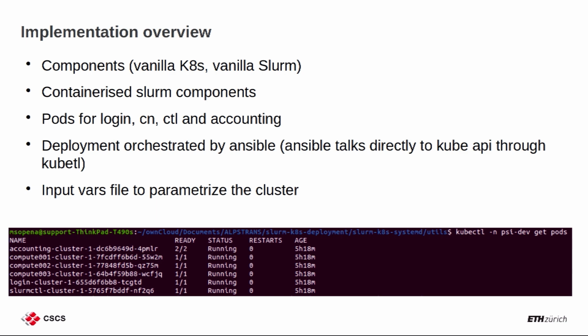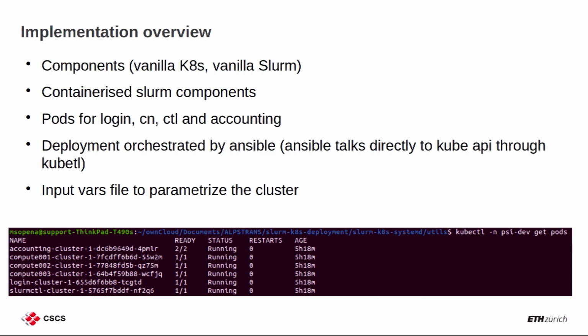Okay, so in this case, the way we orchestrated the communication with the Kubernetes API to spawn and configure the thing was pretty rudimentary. At that time, we just used Ansible, because it would be easier for us to template the different YAML files, the Slurm configuration, and then just use the kubectl client binary to communicate with the API.